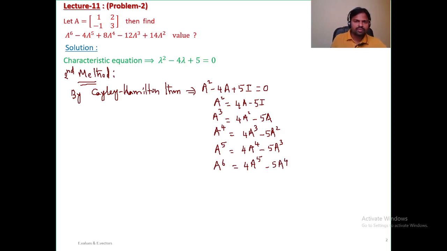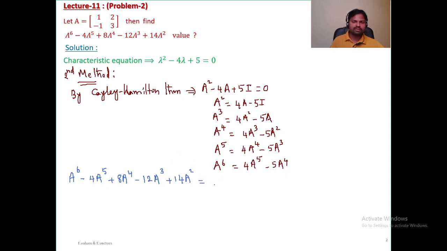What is required here is A power 6 minus 4 times A raised 5, so what you have to do is simply substitute all these values.